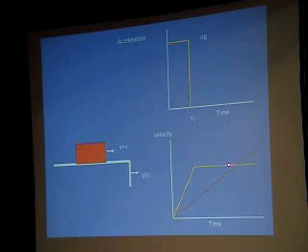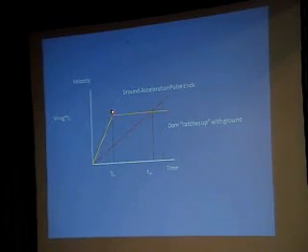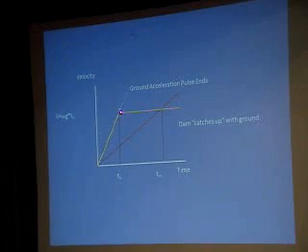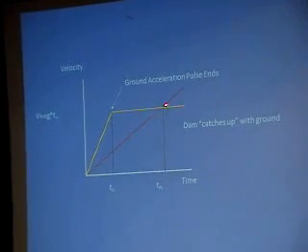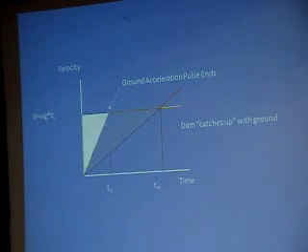So the ground will go, the mass will go like this and catch up at that point. Next one, please. And so the ground acceleration pulse ends right here. The dam catches up there. Next one, please. Then he took this area and subtracted from it that area. He did that even in the style of Euclid.